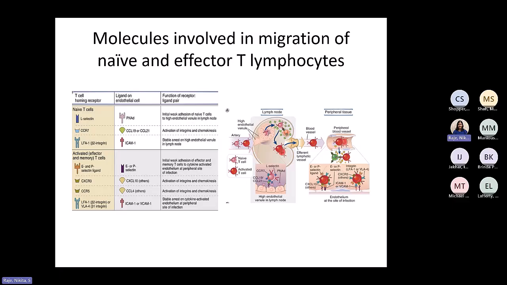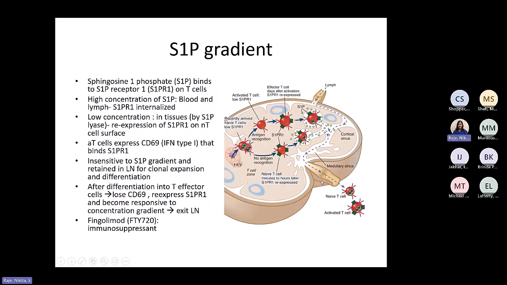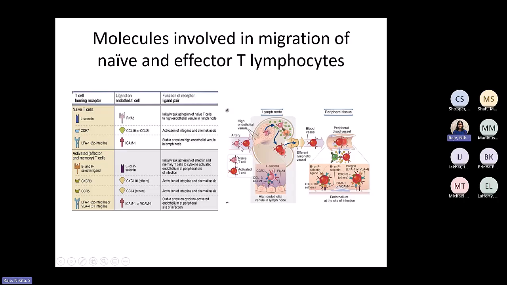All right, so the figure here is showing the same thing, where the T cells are entering the lymph node, and they are going to proliferate. They are going towards this T cell zone where there is CCL19, CCL21. And once they are there, if they get activated, they are going to go to the peripheral tissue where they're going to have different surface molecules for activated or effector T cells, so that they can interact with another set of adhesion molecules in the peripheral tissue compared to the lymph nodes.